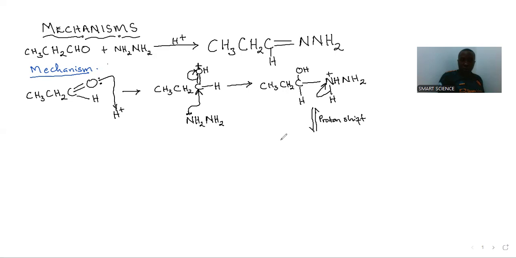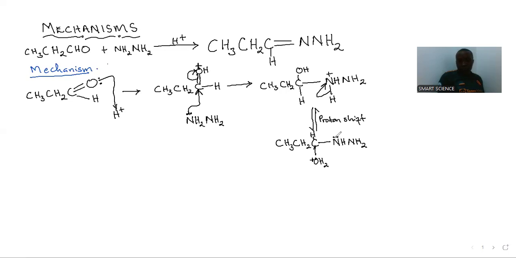And with that, we shall form CH3, CH2, C. We shall have hydrogen, and we equally have OH2, which oxygen becomes positive with a single bond, NH, with a lone pair of electrons, then NH2.